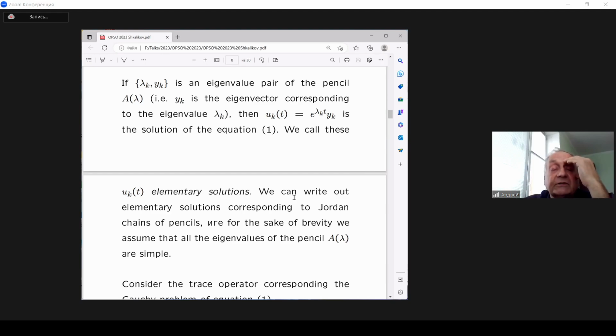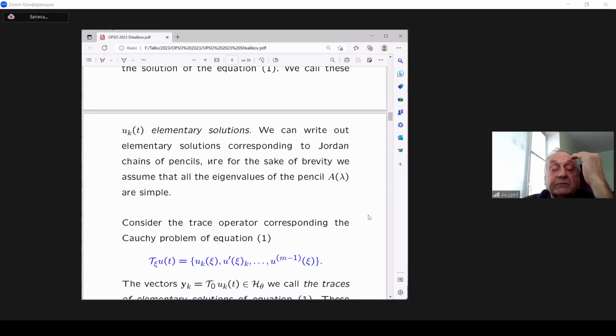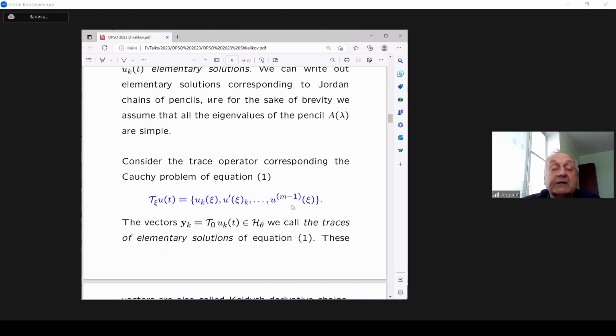For brevity, we assume that all eigenvalues of the pencil A(lambda) are simple. Otherwise, it will be very clumsy and very technical. Consider the trace operator corresponding to the Cauchy problem of equation 1.